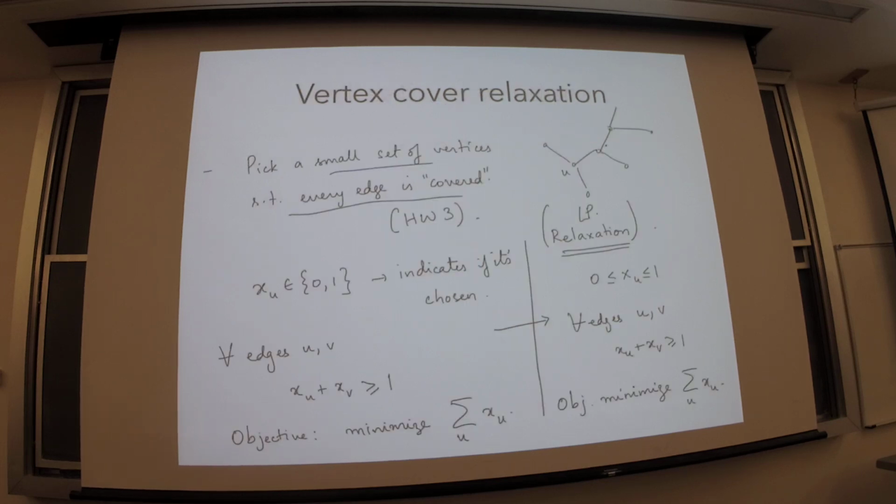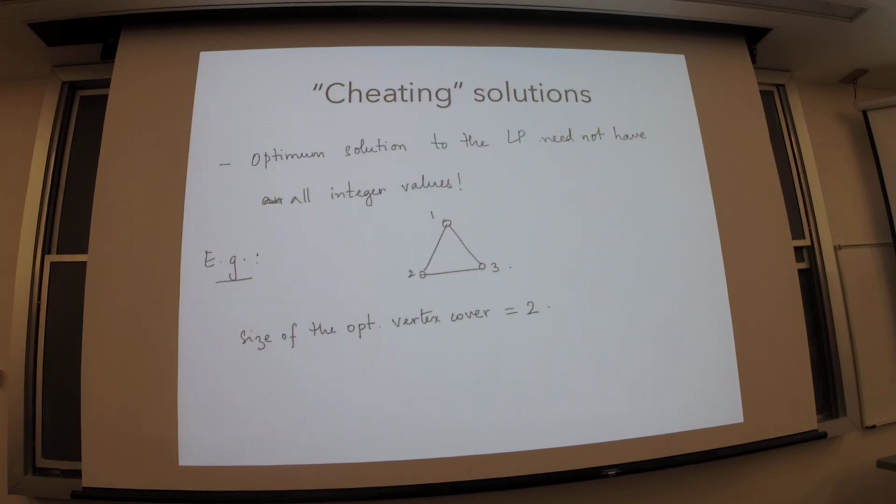Now, what about the optimum value of this LP relaxation? 1.5. So why is it 1.5? Every variable is assigned 0.5. So the optimum value of the LP relaxation is actually smaller than or equal to 1.5. In this case, it is not smaller, it's equal to 1.5.